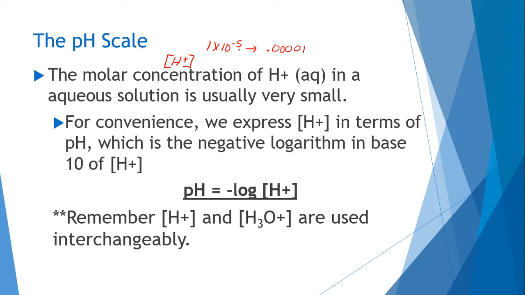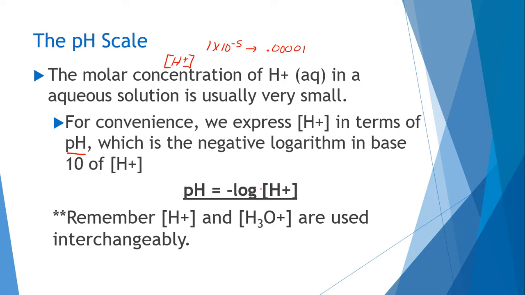So instead of writing this long number or using scientific notation, scientists have come up with a unit of measuring acid, neutral, and basic compounds called pH. pH is the negative logarithm base 10 of the hydrogen concentration.